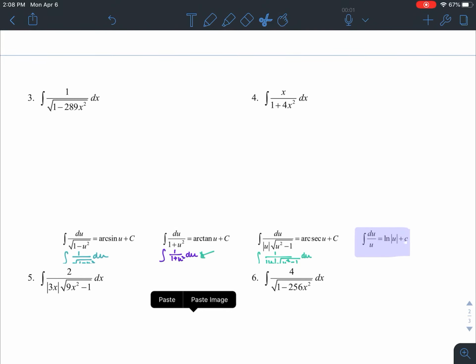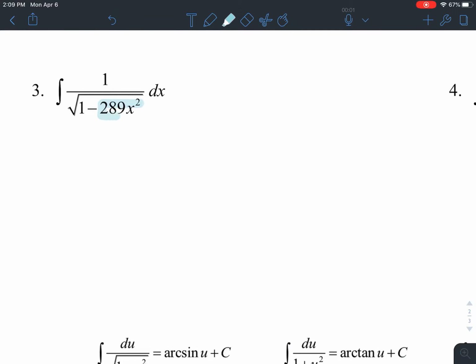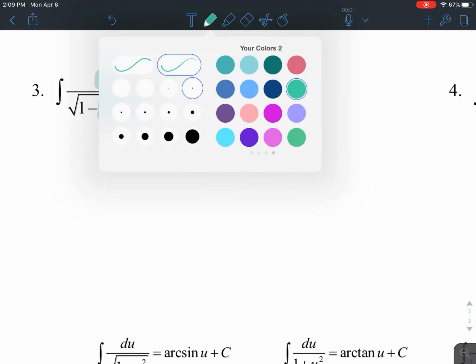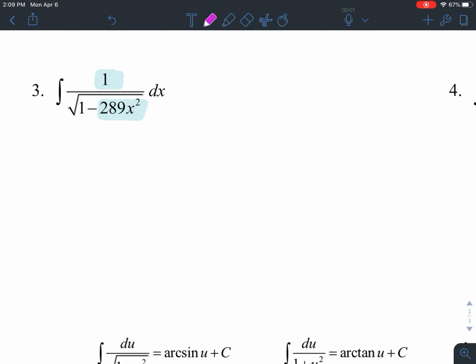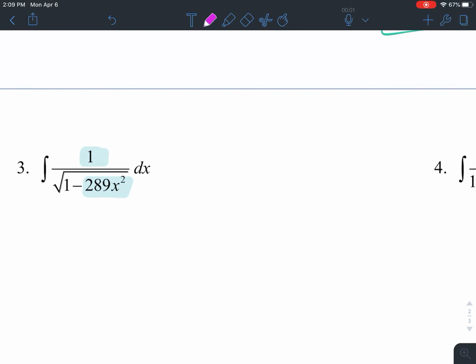Okay, so now looking at it, do we have a u squared? I do. Do I have a 1 up top? I do. Fantastic. So now I'm going to do step 1, figure out what is my u squared. u squared equals 289x squared.